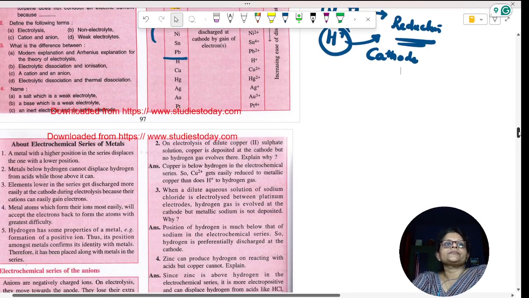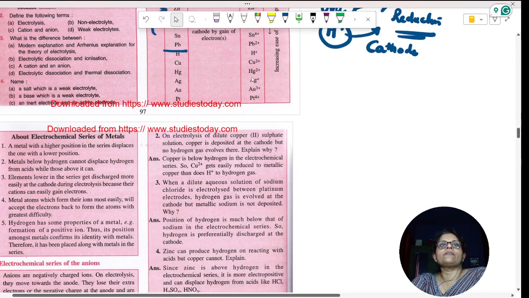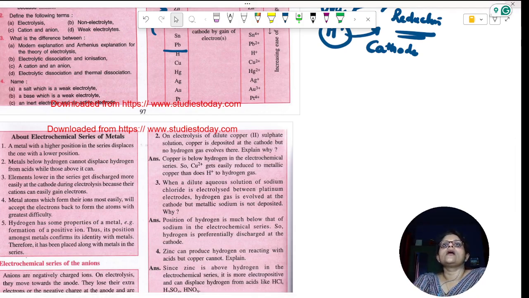We will discuss this. You also have learned mnemonics, so that you can easily know how the series is arranged. That is very important. You have to learn how it is arranged.